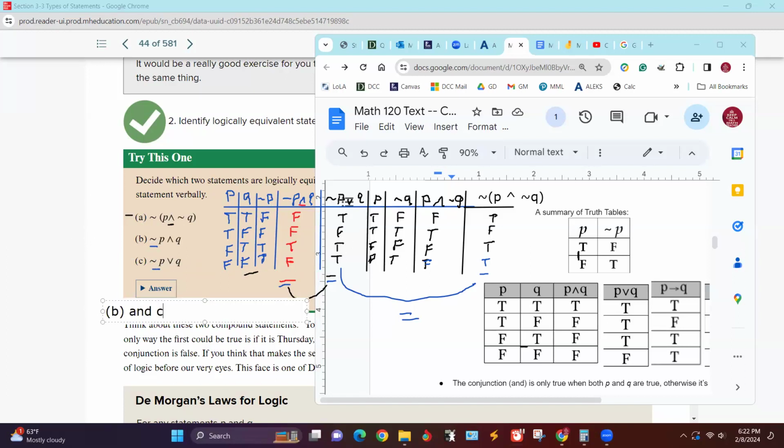B and C are equivalent. There we go. All right. So that's the gist of finding truth tables. It's a bunch of steps. It's pretty much a very similar process to the set operations over in chapter 2.